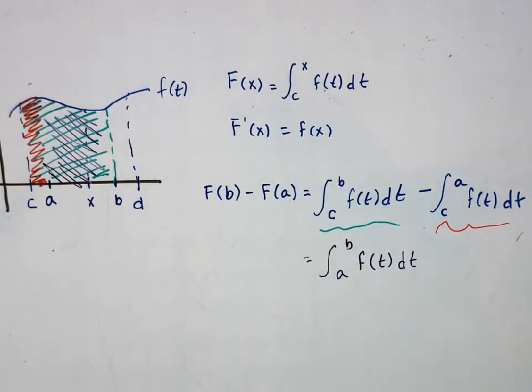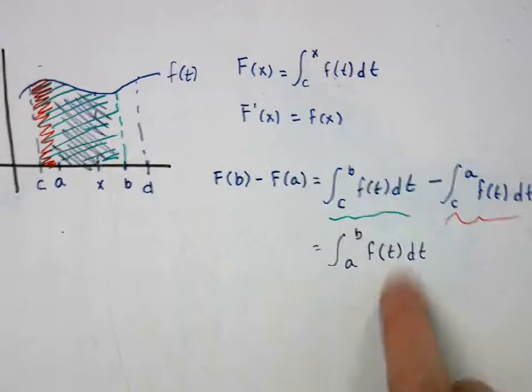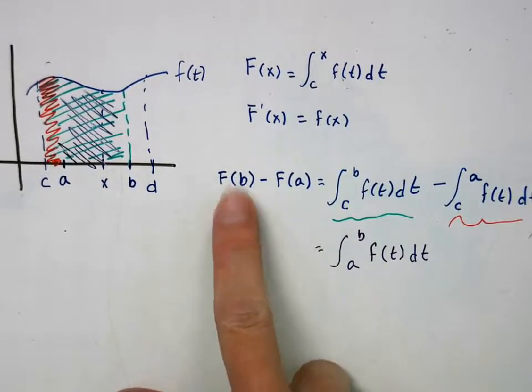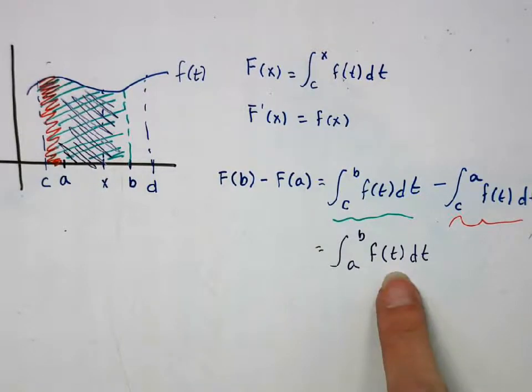So that is the second part of the fundamental theorem of calculus. So we can do the integral from a to b of f of t is going to be F of b minus F of a, where this is the antiderivative of this.